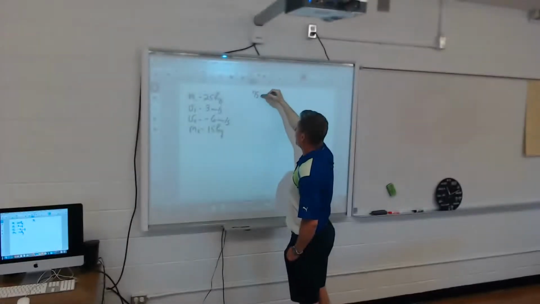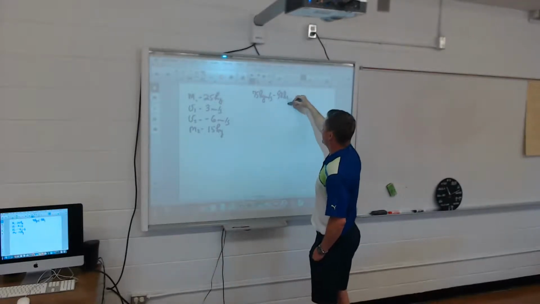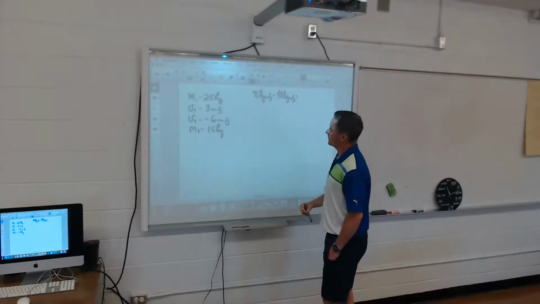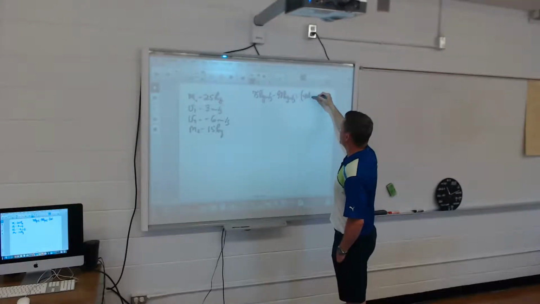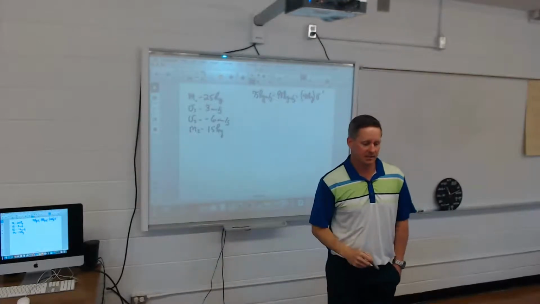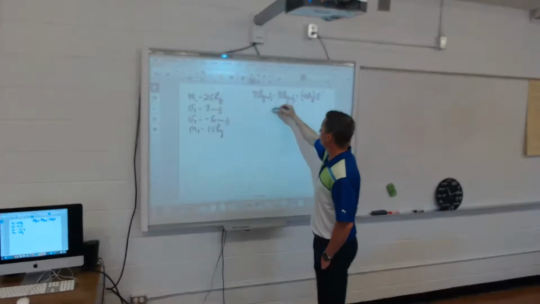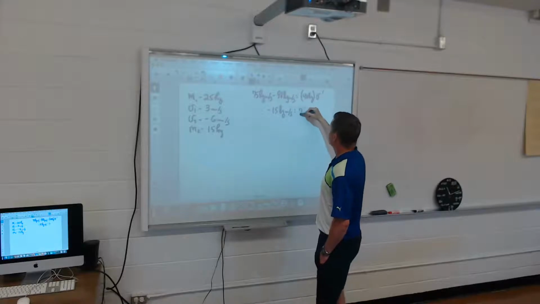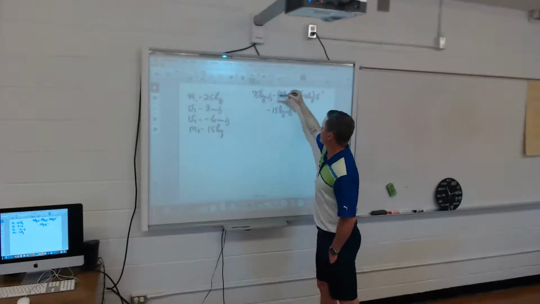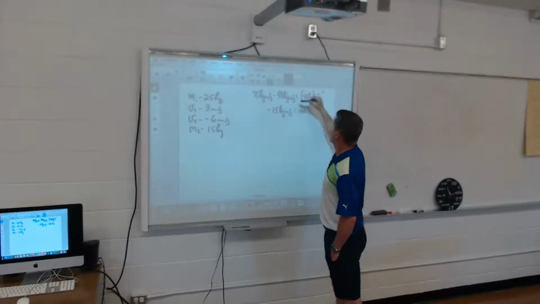So now I go 75 kilogram meters per second, subtract 90 kilogram meters per second is equal to, now I combine their masses together to get 40 kg, and their velocity is going to be the same because they're sticking together. So now I have minus 15 kilogram meters per second. Oh, making a mess of this.